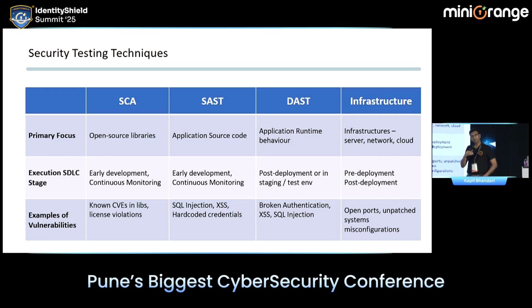Basically, it simulates the attack, and then it checks how your application is behaving at runtime. Is there any memory leak, is the same SQL injection happening, broken authentication, broken authorization, right? This is purely automated. So there are various tools like Burp Suite and OWASP ZAP you can use to perform the DAST.